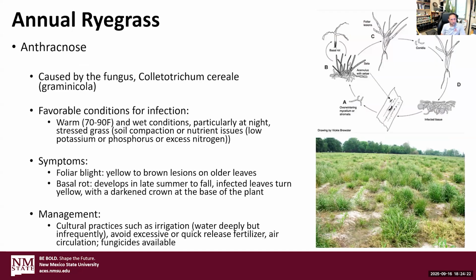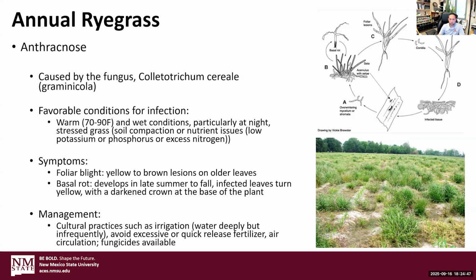The next one is anthracnose, caused by the fungus Colletotrichum. It develops between 70 to 90 degrees, as well as in wet conditions. Some of the symptoms you can see are foliar blight, meaning the leaves get yellow to brown lesions starting to develop on them.